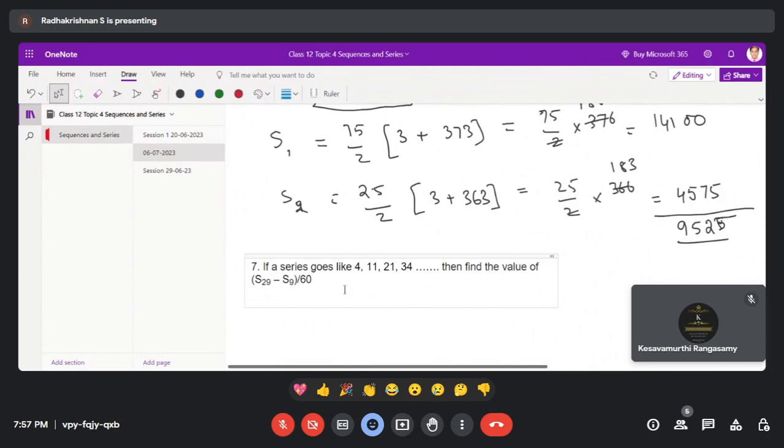A series goes like 4, 11, 21, 34, etc. Find the value of (S29 minus S9) divided by 60.